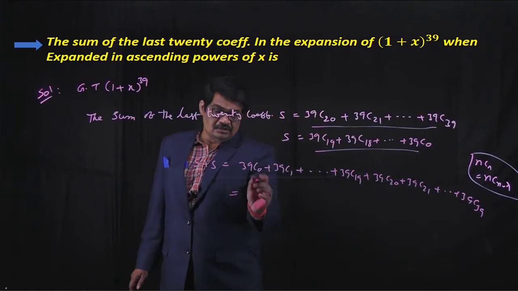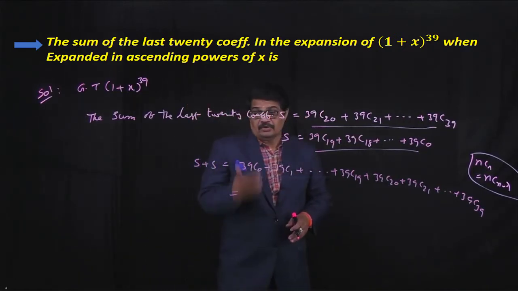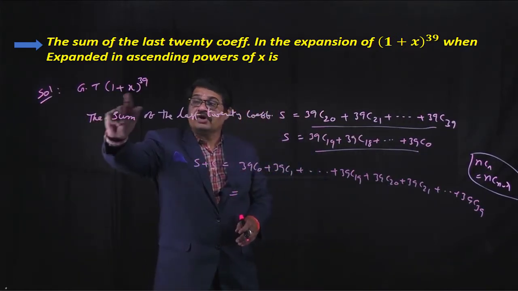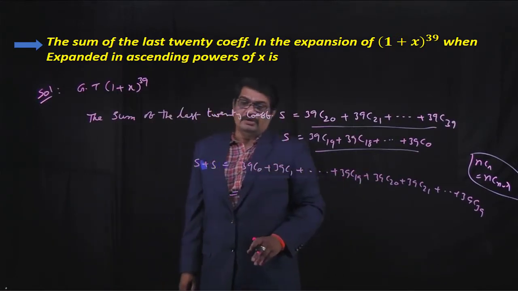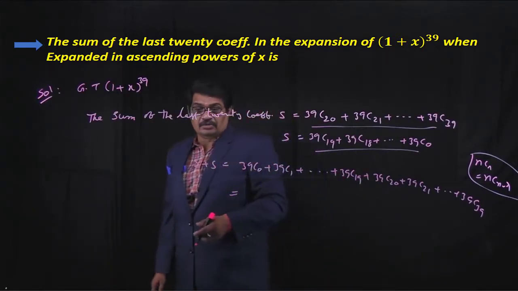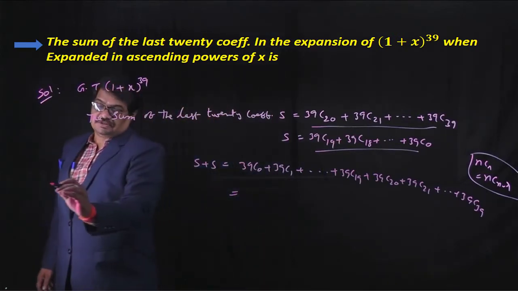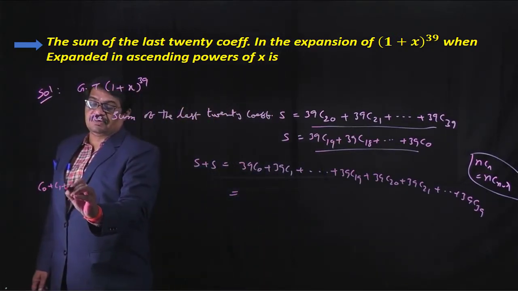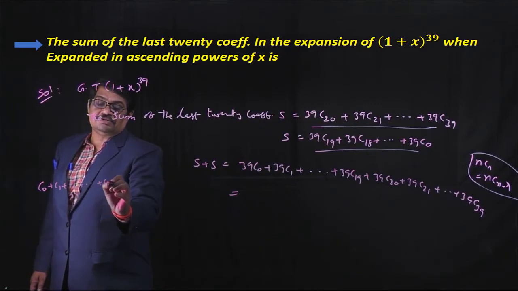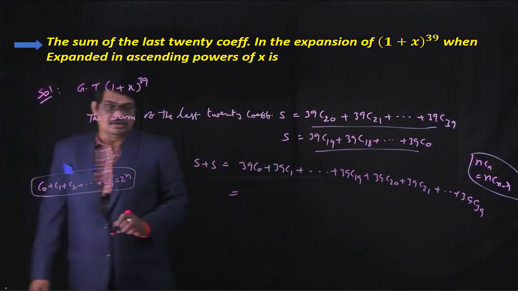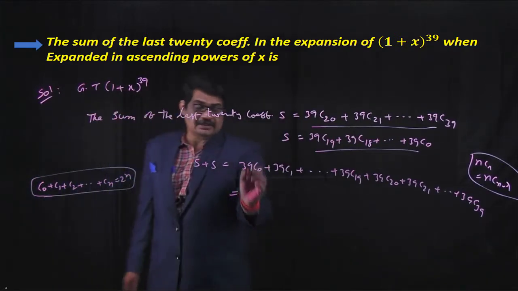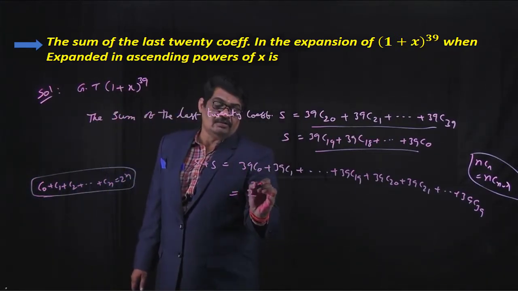So these are all the binomial coefficients in the expansion of (1 + x)^39. What is the formula for the sum of the binomial coefficients? The sum C0 plus C1, C2 and so on up to Cn is equal to 2 to the power of n. Here n is 39, so the sum is 2 to the power of 39.